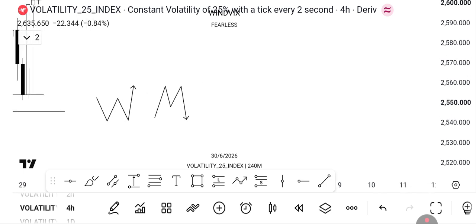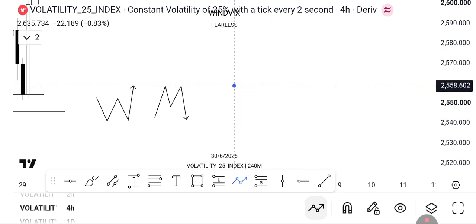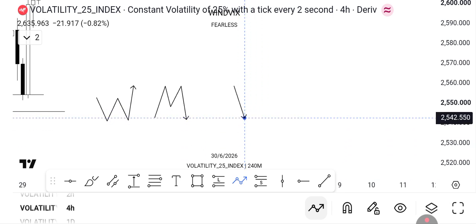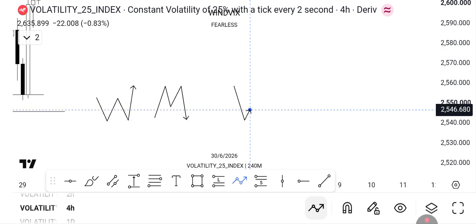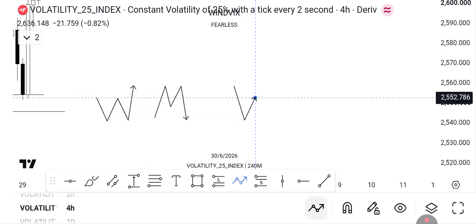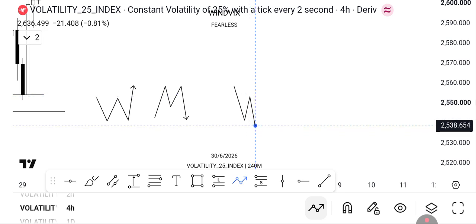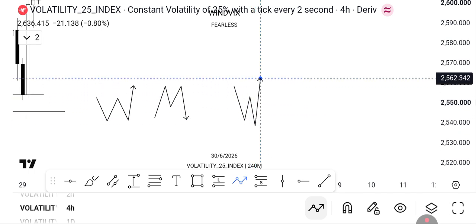The change in state of delivery is something like this. You have price come to dig into the order block, and then you have this candle taken out, and then you have price engulf this too.